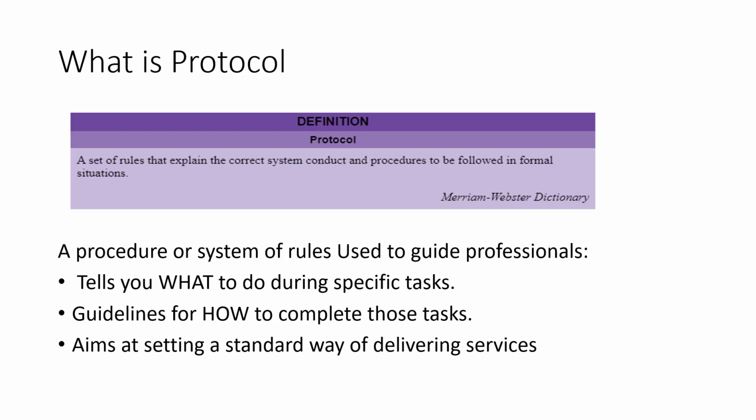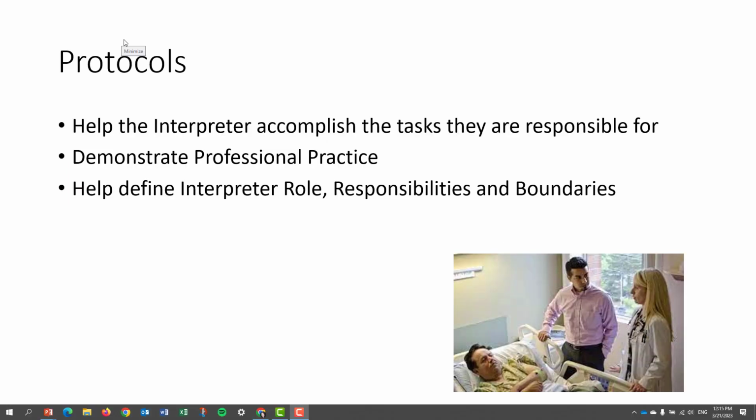So now that we know what our responsibilities are and the tasks that we are going to complete, there are certain guidelines and certain rules of performing this work that are going to support not only accomplishing those tasks that you are responsible for, but also to ensure that you are performing these tasks at the professional level.